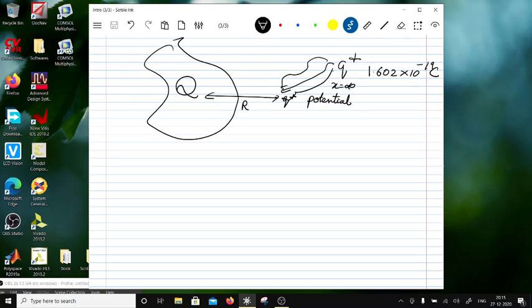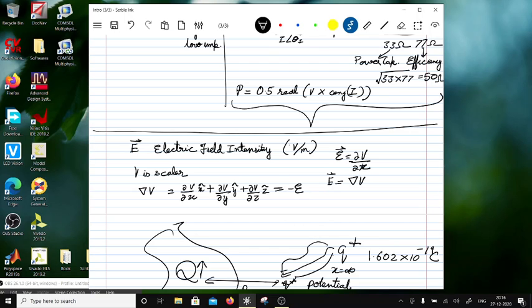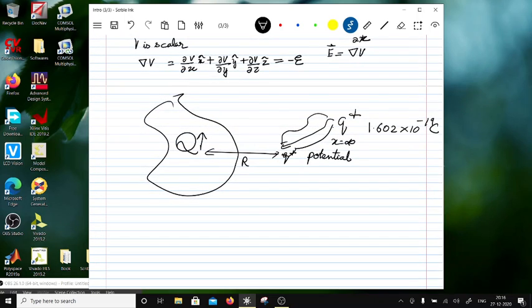If the force is more, then the work done would be more. For example, if Q is more, then E is going to be more, or the work done would be more for moving to the same distance r. That's why electric field intensity is related to potential. I hope you understood what that is.